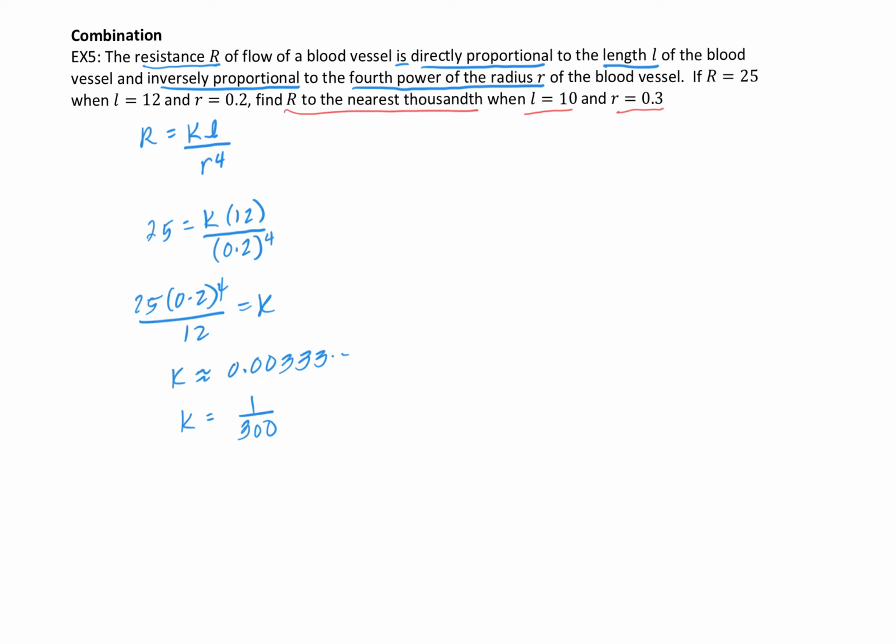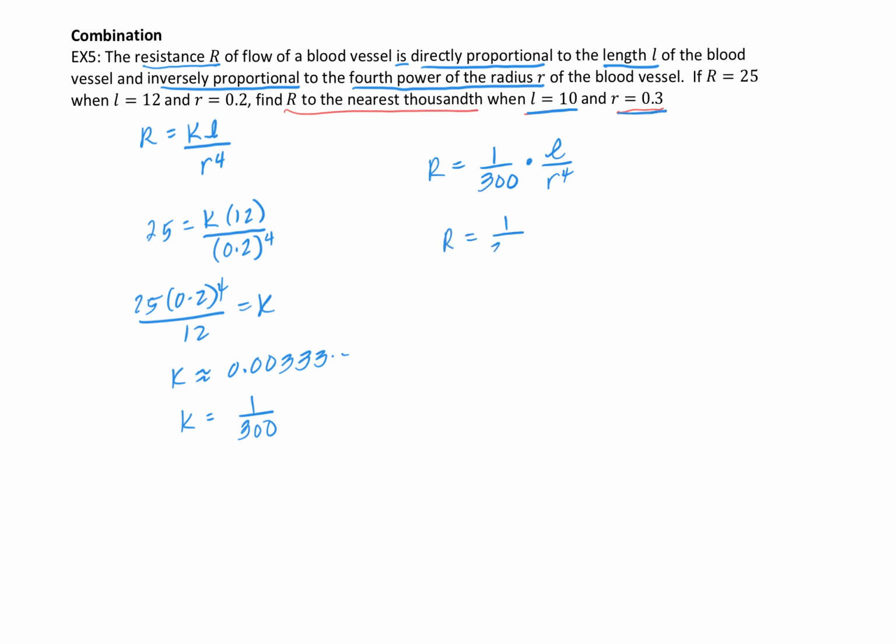Let's rewrite our equation. So now we have R equal to, I'm going to use the 1 over 300, that's my K value. And then it's going to be multiplied by the length over the radius to the fourth. So length over radius to the 4, my L looks weird, looks like an E. We have to find R to the nearest thousandths when L is 10 and r is 0.3.